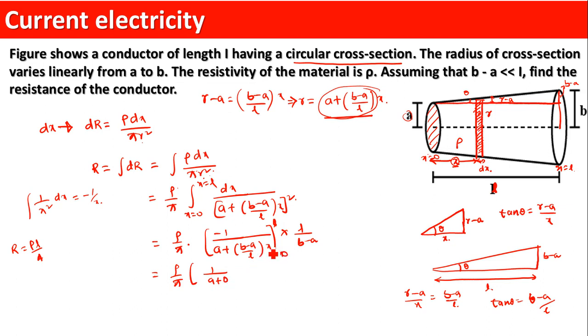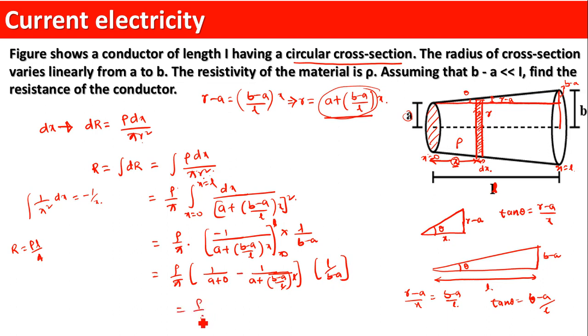If I substitute 0 here, all this term will be 0. Minus 1 by A plus B minus A by L into, and in the place of x I need to substitute L, that L gets cancelled, into L by B minus A, understand?